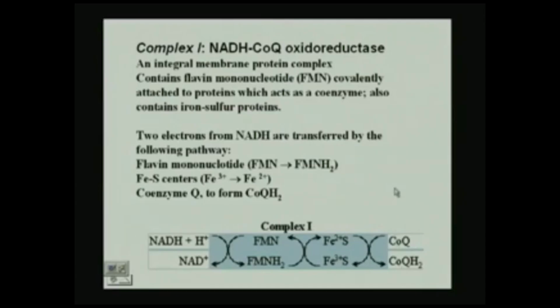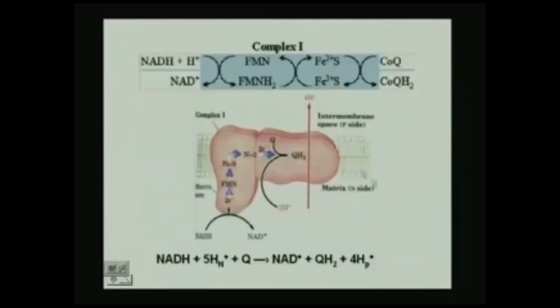Okay. So, we have basically an overall reaction. This is actually what you need to know. NADH plus 5 protons from the matrix side plus Q forming NAD plus, QH2 plus 4 protons in the intermembrane space.